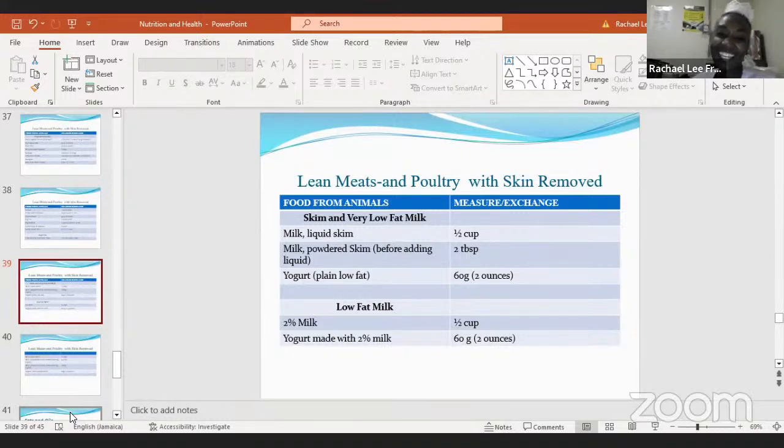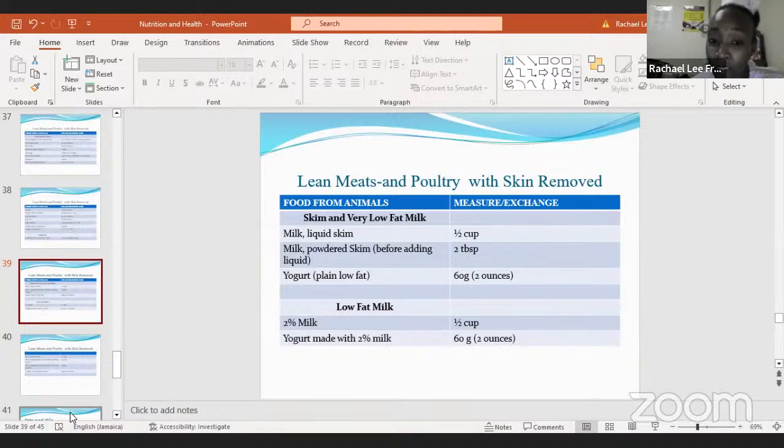All right. So your milk, your skim and very low fat milk. When you skim the milk, the skim milk is actually safer, because you're getting rid of the added fat that is there. So you're saying a half cup is good. Or if you're having the powdered milk, before you add the liquid, you need 2 teaspoons.